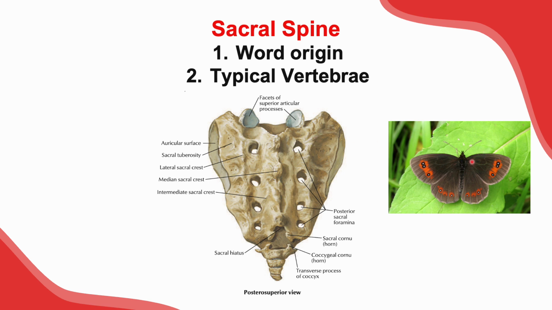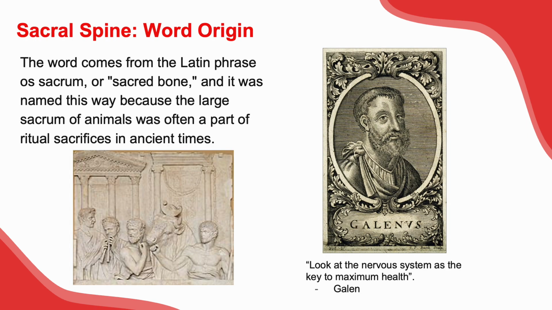And this butterfly right here, the wings have a dotted pattern, which looks like the foramens in the sacral spine. So I see that the sacrum resembles the wings of a butterfly. That's why.